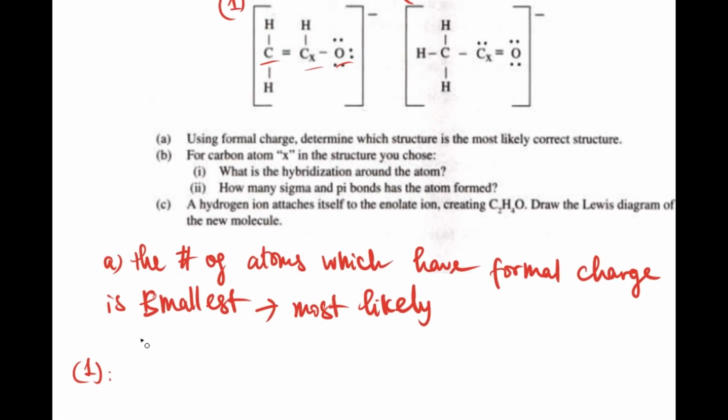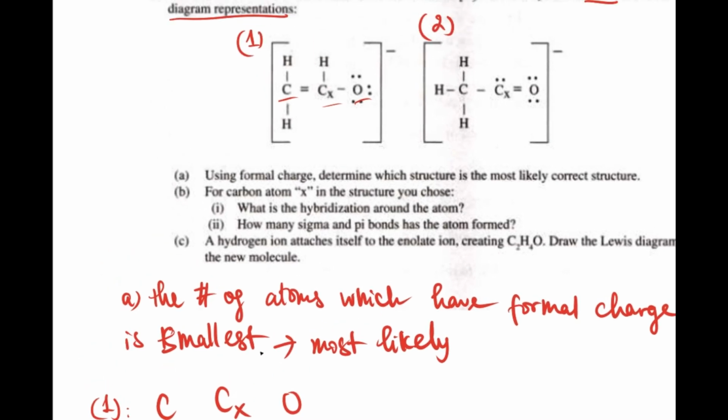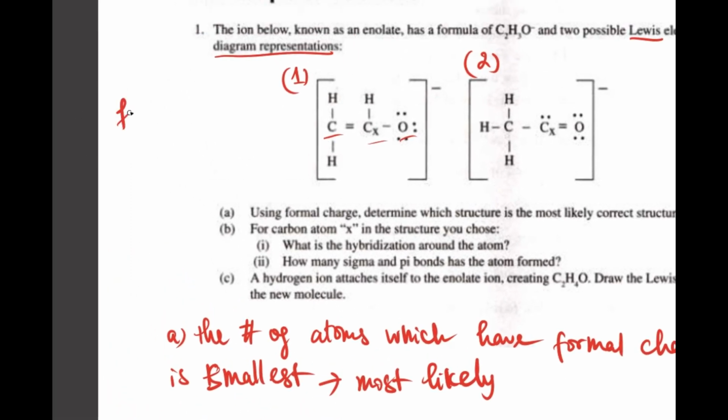the formal charge for each atom is like this. So the formal charge is equal to the number of valence electrons minus the number of assigned electrons.